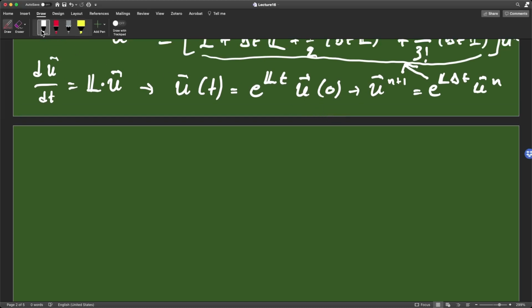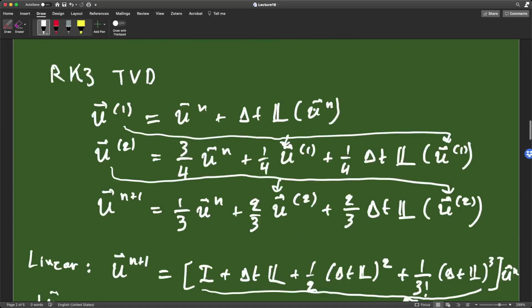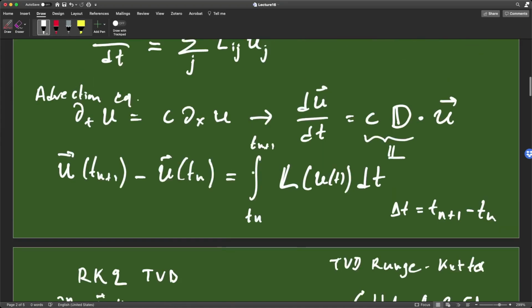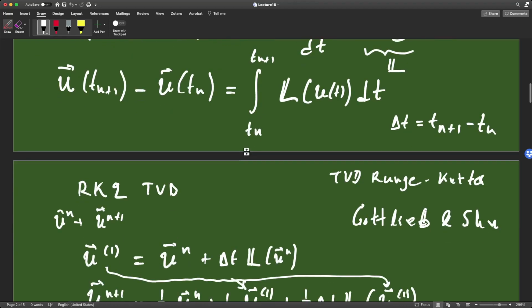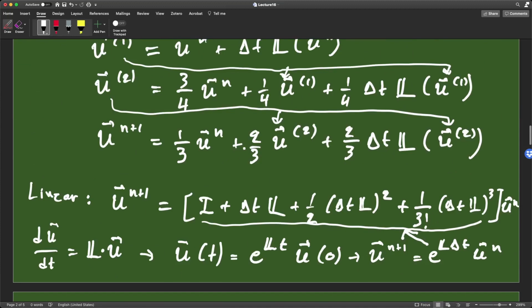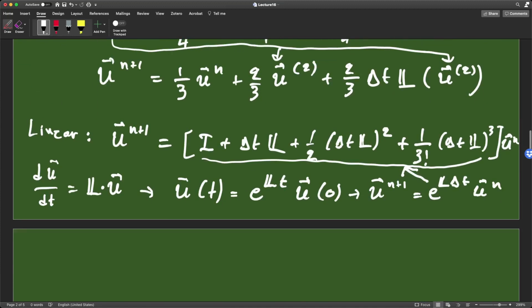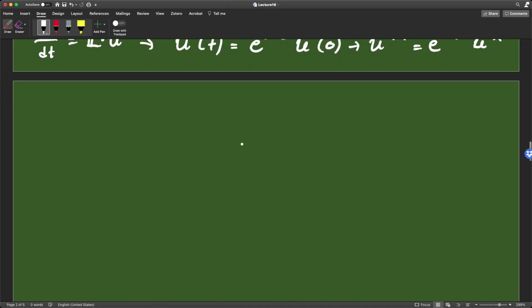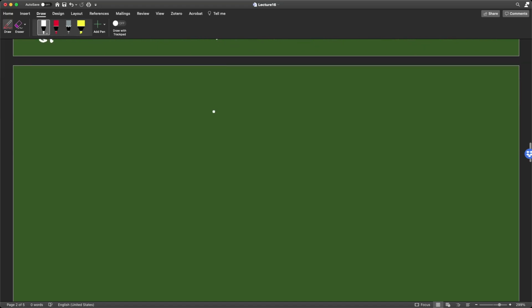So let's consider this integral again, this integral of L times U, and let's consider using the trapezoidal rule or the Hermite rule to calculate that integral. So let's write it down again. So, implicit methods.